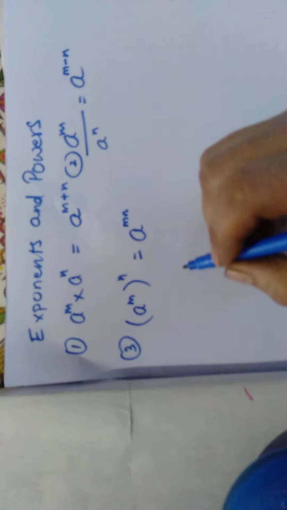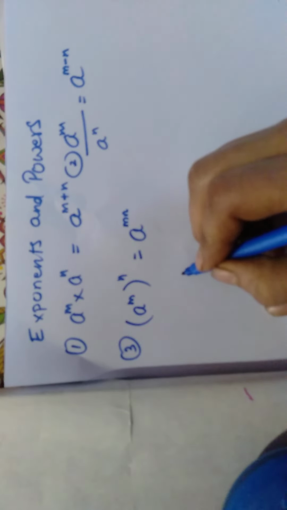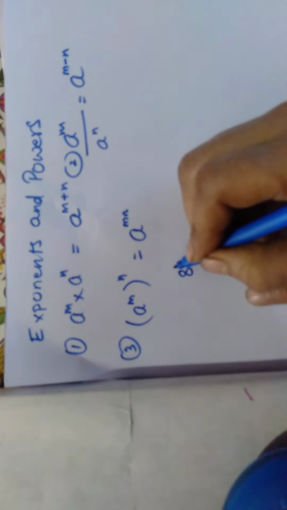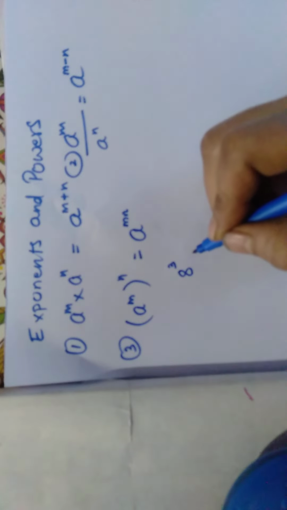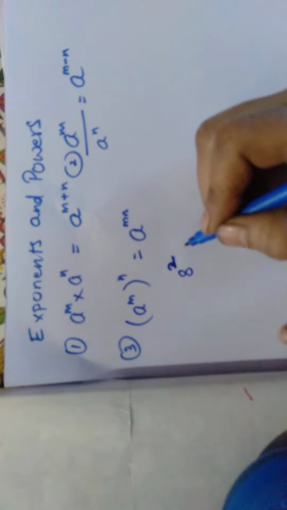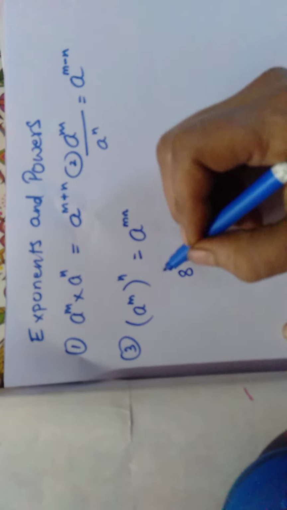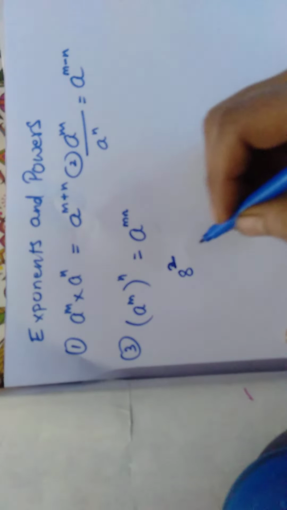Now let us see an example of this. Say 8 square we take. Here a is equal to 8 and the power 2 is there.